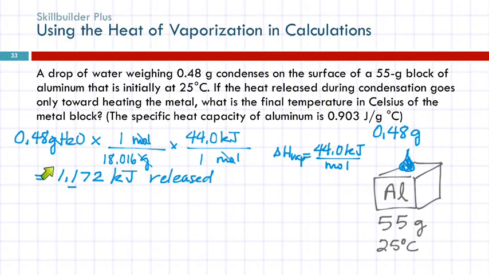The problem is suggesting that this amount of energy goes into the block of aluminum to heat it up. Do you remember doing calculations like that? Q equals MC delta T. So when we have things heating up, we've got Q equals MC delta T. And a clue that you might need that is the specific heat capacity of aluminum.